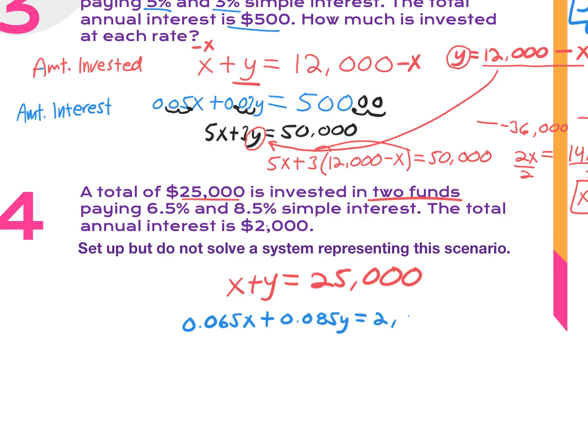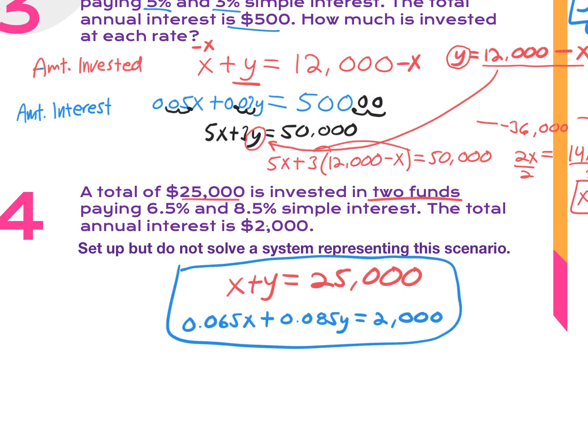Good, that's going to get us $2,000. All right, so this is how we can set up a system like that. A lot of times that's the hardest part. All right, are you okay with that? So I'm just going to leave it there. We're not going to solve it.